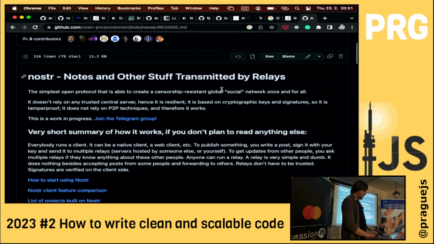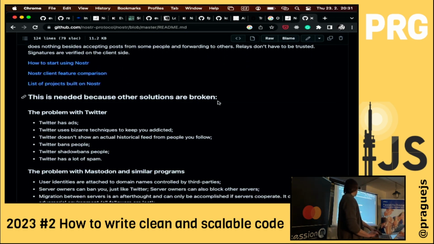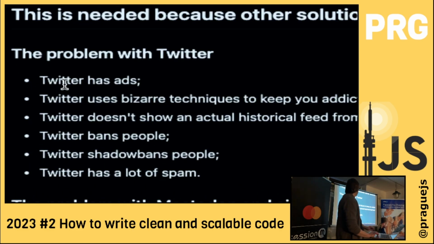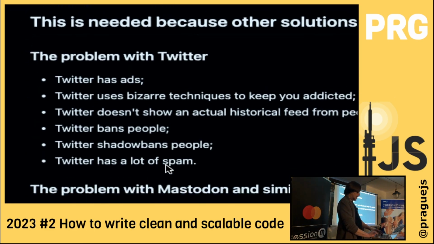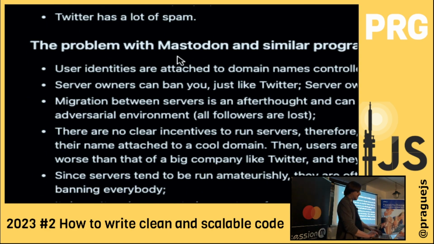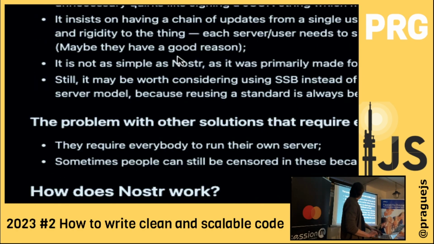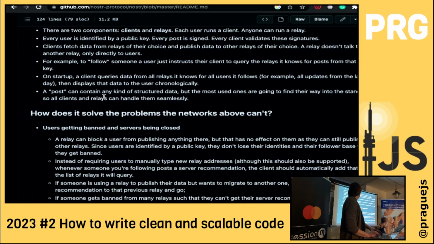This guy wrote a super short README. The problem with Twitter: it has ads, it uses bizarre techniques to keep you addicted, it bans people, it shadow bans people, it has a lot of spam. The problem with Mastodon is even worse than Twitter. Mastodon sucks.